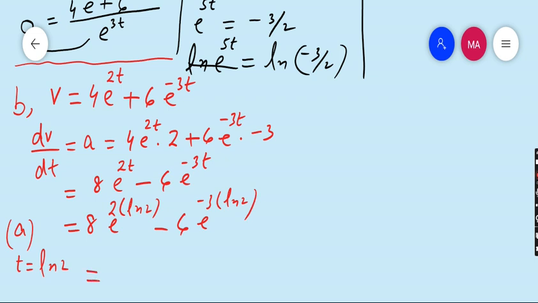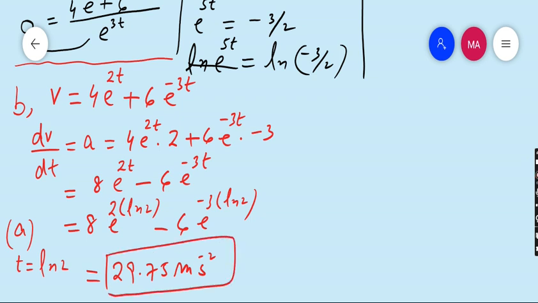If you use your scientific calculator, you can easily find the final answer, which equals 29.75 m/s².